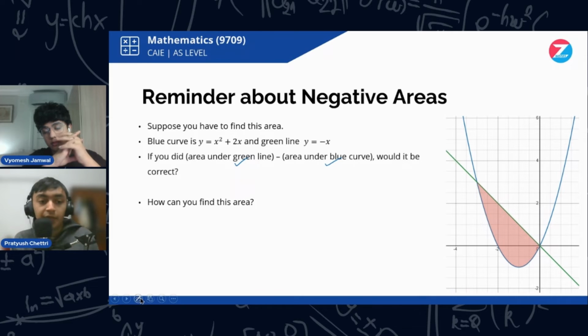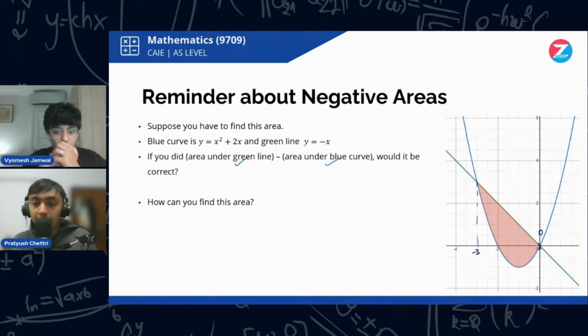Well, there are different approaches to this. I'll give one approach you can do. You can first find the points where they cross, obviously. One point is 0, and again, minus 3. So that's some of our bounds, but we could also use a bound here, minus 2.